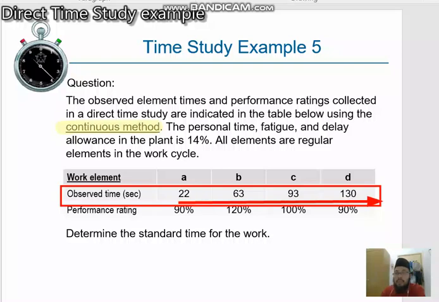This means the time for each element is not specific to each element, because it is continuous. So how do we determine the specific time for each element? We can look at the next table after this. And the allowance is 14%. Determine the standard time for the work.